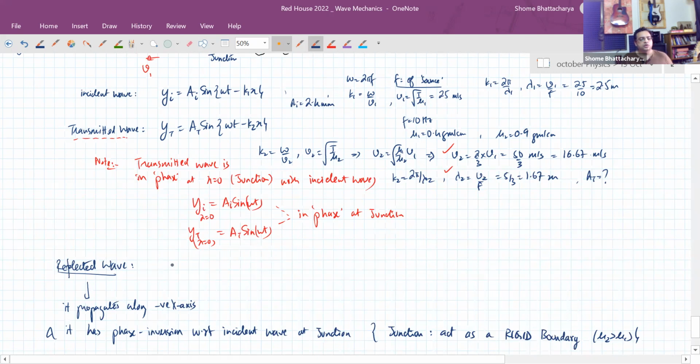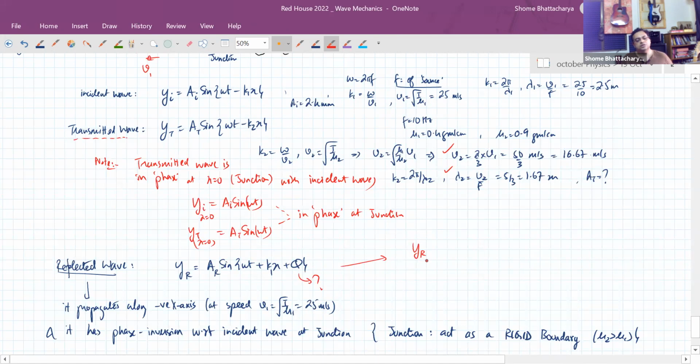Accordingly, we'll write the equation of the reflected wave as some amplitude, which we don't know, times sine of omega t plus kx, because it's traveling in the opposite direction. This k will be k1 because it's traveling at the speed v1, equal to square root of T by mu1, which is 25 meters per second. Plus some phase constant, which we now have to find out.